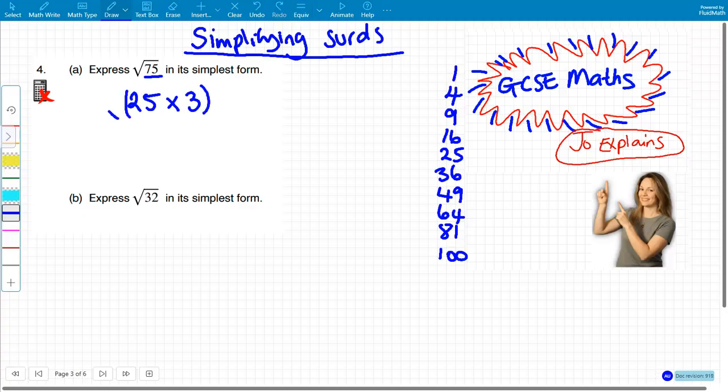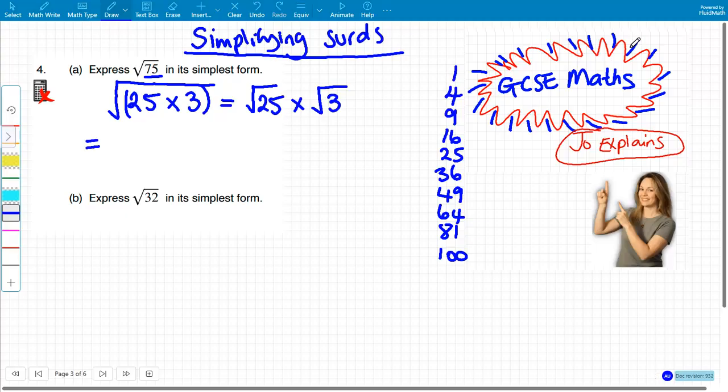If I put that in a bracket and then put a square root sign over it, then that's basically the same thing. But the rule with square rooting is that if you can write them all underneath, then you can separate them into two separate values as well. So now what we've got is the square root of 25 times the square root of 3.